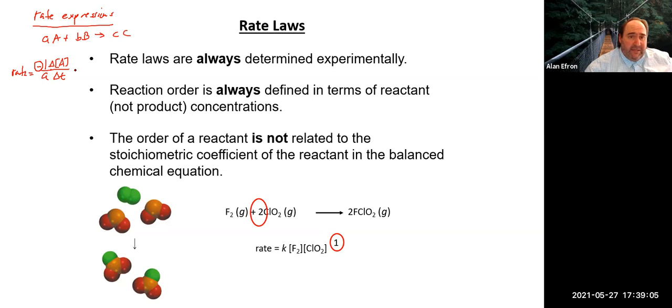We could also say that that is equal to minus 1 over B, again minus because B is also a reactant, change in concentration of B over the change in time, and that would equal 1 over C, change in concentration of C over the change in time. Now, C is a product, so as I just mentioned, we should expect it to be increasing with time, and that's why we don't have a negative in front of there.